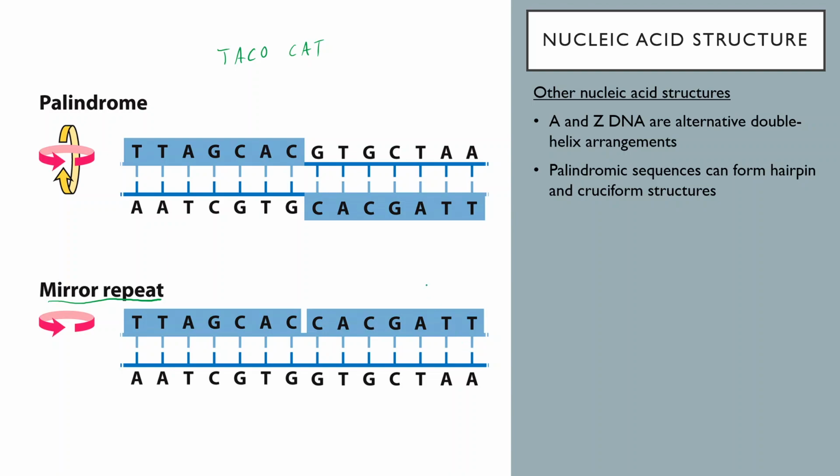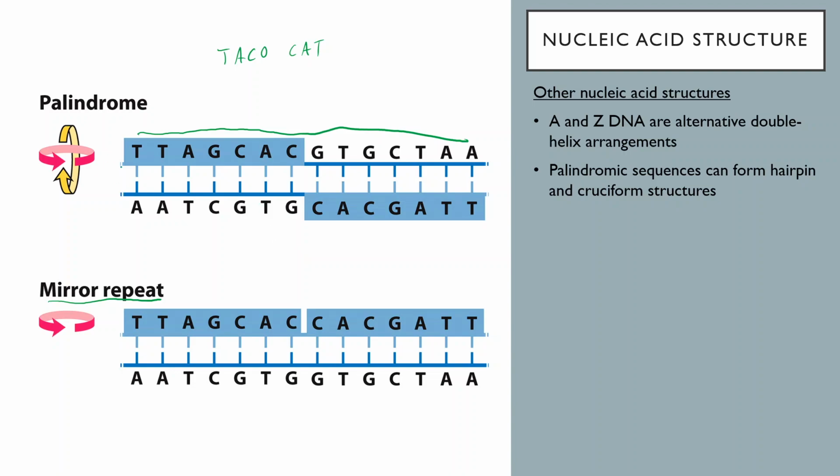A palindrome is where the sequence is the same reading from either end on the other strand. So this sequence TTA, GCAC, GTG, CTAA is a palindrome because that same sequence shows up on the other strand if you start at the other end.